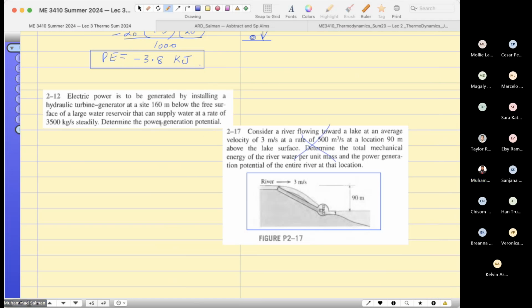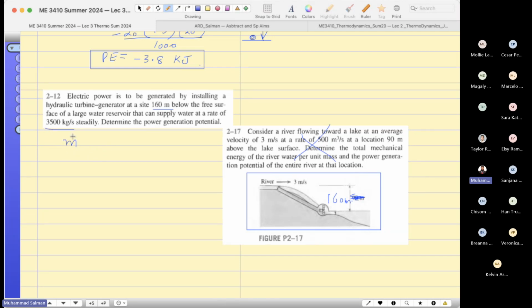So it is being generated by installing a hydraulic turbine generator at a site 160 meter below the free surface of a large water reservoir that can supply water at a rate of 3500.